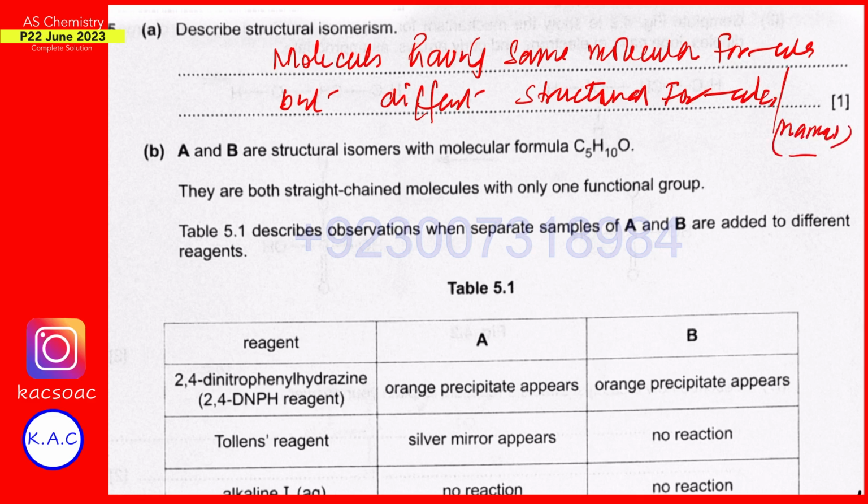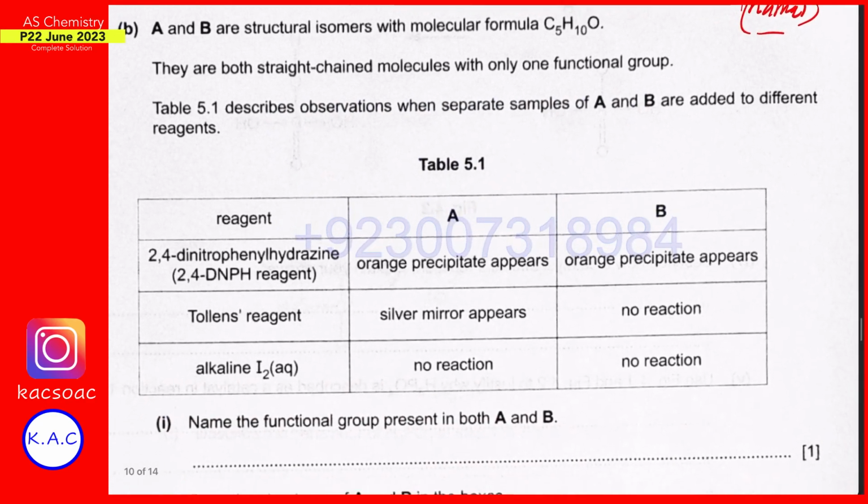The basic definition is molecules having the same molecular formula but different arrangement of the atoms or different structural formula are said to be structural isomers.